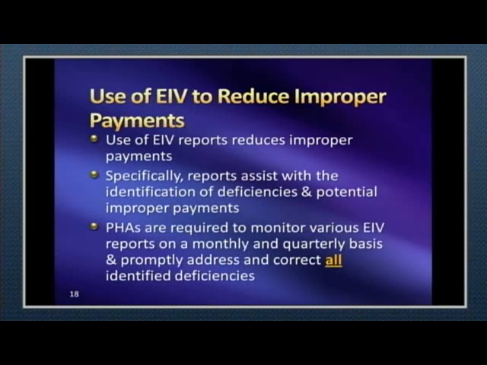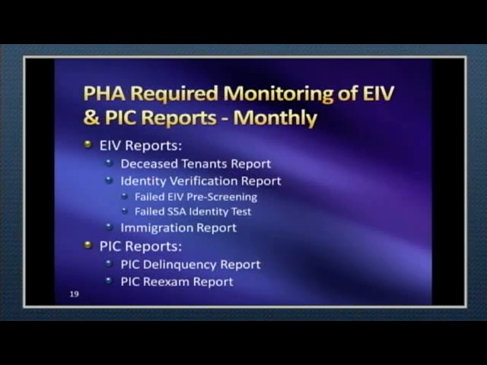And so housing authorities are required to monitor the various EIV reports on a monthly and a quarterly basis, excuse me, and correct all identified deficiencies. And this is outlined in PIH Notice 2010-19, which is going to be reissued and modified. But here are the reports that you're required to monitor on a monthly basis.